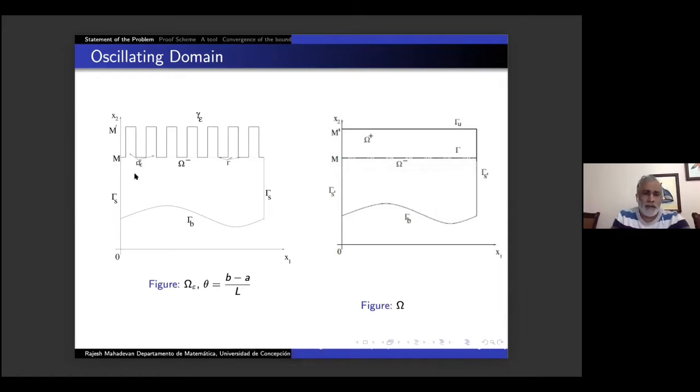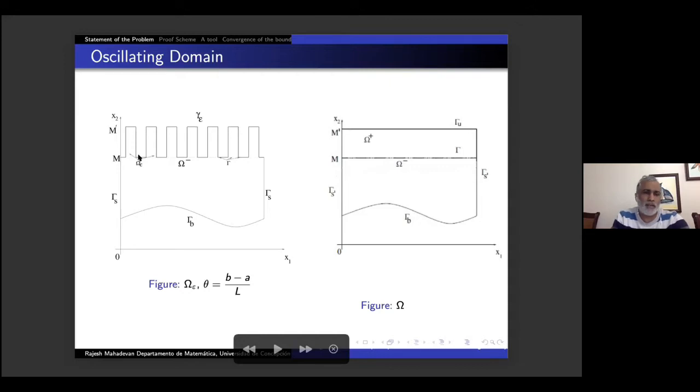What is probably important, as in Francois Murat's lectures, is that the teeth-like structures fill up a positive ratio in the upper part of the domain. When the period is epsilon, the whole scale is L, and between teeth it's of the order epsilon.